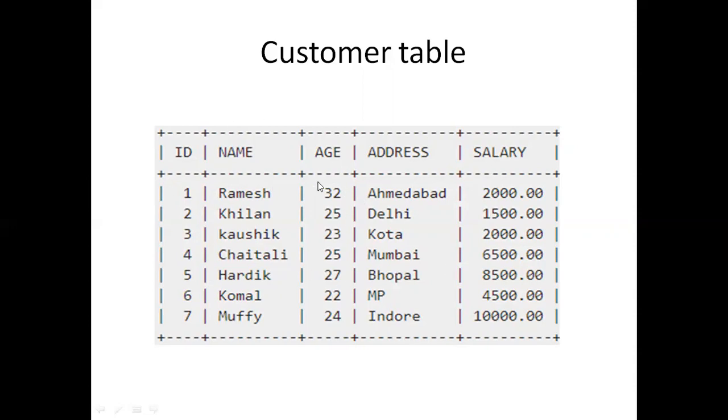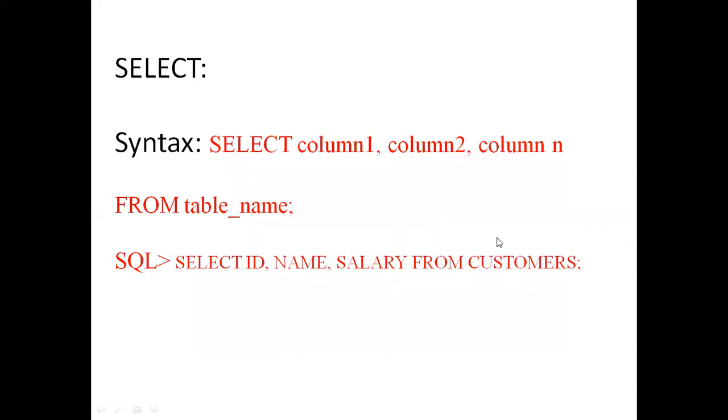This is the complete table that you have created. Now I am going to the next command. If you want to display only the ID and name, or only name and address, or only ID, name and salary, that is, only the specified columns and not all the columns from the table, then again we use the select command in a different way.